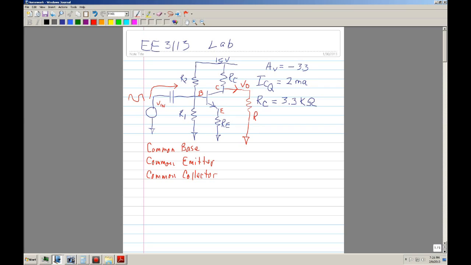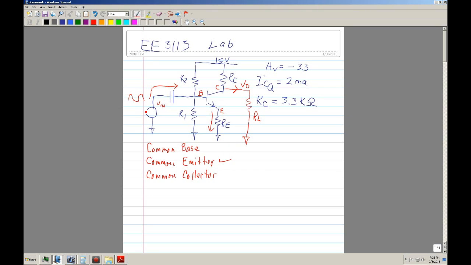We can call it RL. Okay, current gonna come here, but it returns through the base. So this leg is common to the base and to the collector, so they call this the common emitter.